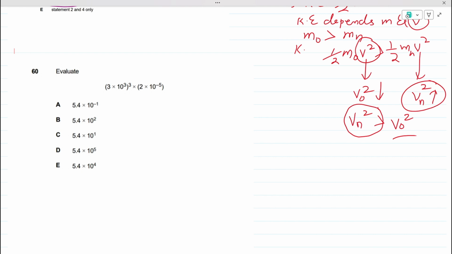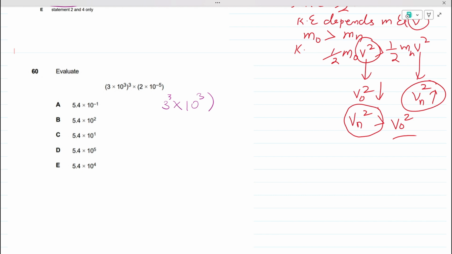So evaluate. We are given an expression and we are supposed to evaluate it. Simplify this expression in order to find our answer. So this cube is on this entire value, right?